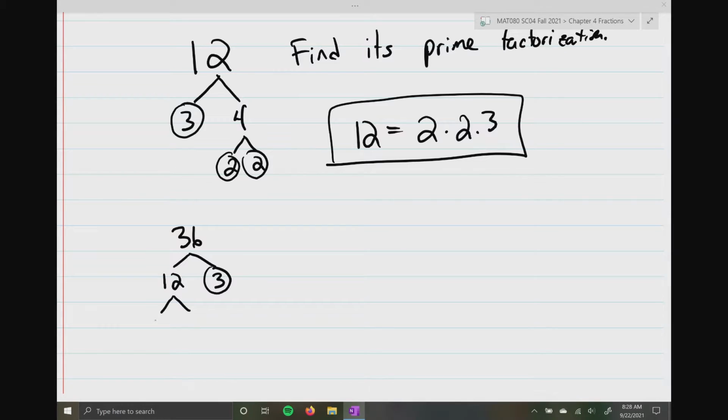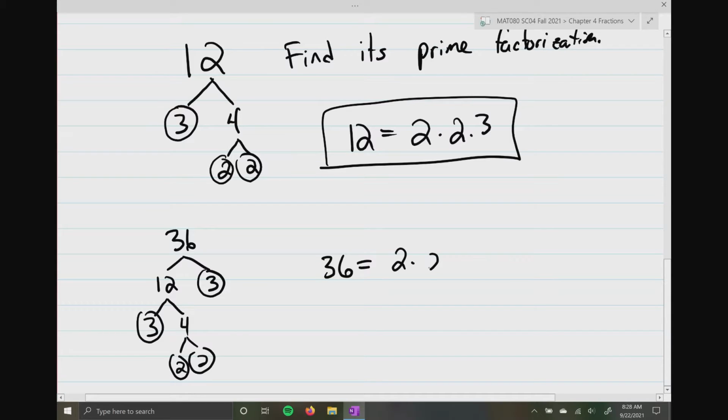So this is going to be 3 and 4, and then 2 and 2. So 36 equals 2 times 2 times 3 times 3.